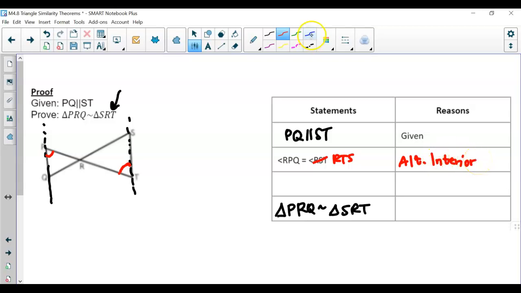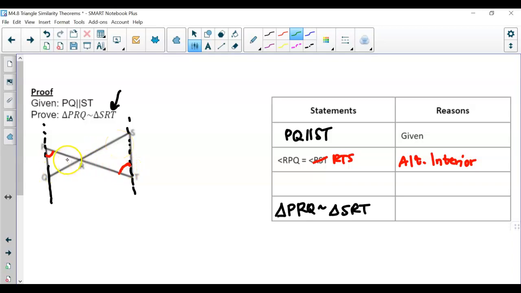Now, what else do we have? Well, I also noticed, you could go two different ways, really. We could also state that RQP is congruent to RST. Why? Because of alternate interior.